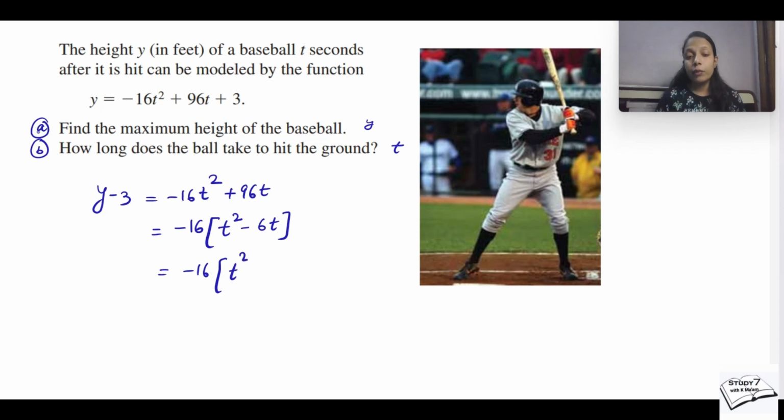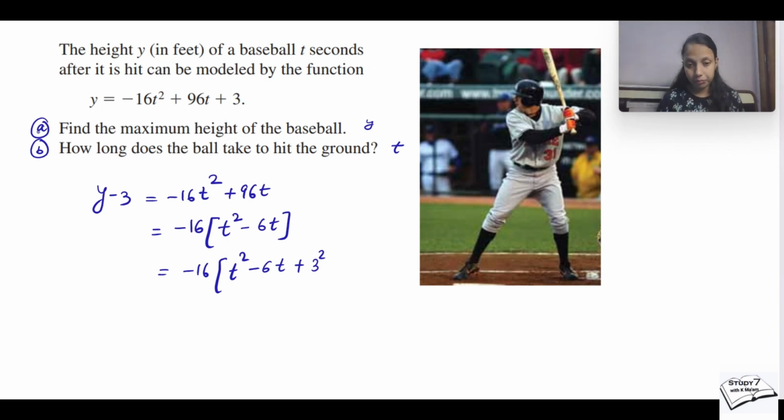What do I have to add and subtract, or you can say what do I have to add on both sides. 6 by 2, 3. I will add 3 square, and I will add 3 square on the other side as well. But because negative 16 was multiplied outside, that 3 square on the right side will also be multiplied by negative 16.